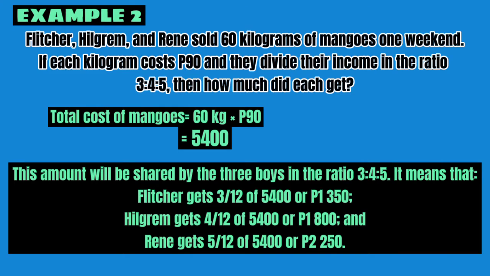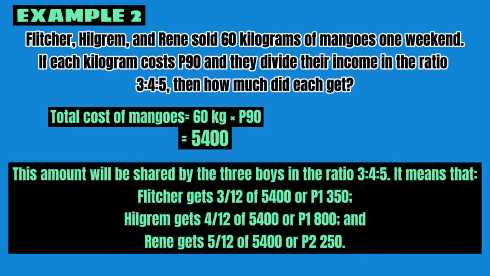It means that Fletcher gets 3/12 of 5,400 or 1,350 pesos. Hillgrim gets 4/12 of 5,400 or 1,800 pesos. And Rain gets 5/12 of 5,400 or 2,250 pesos.